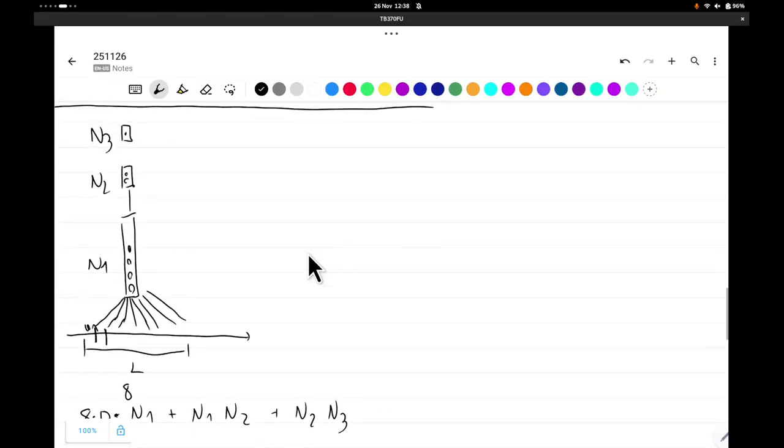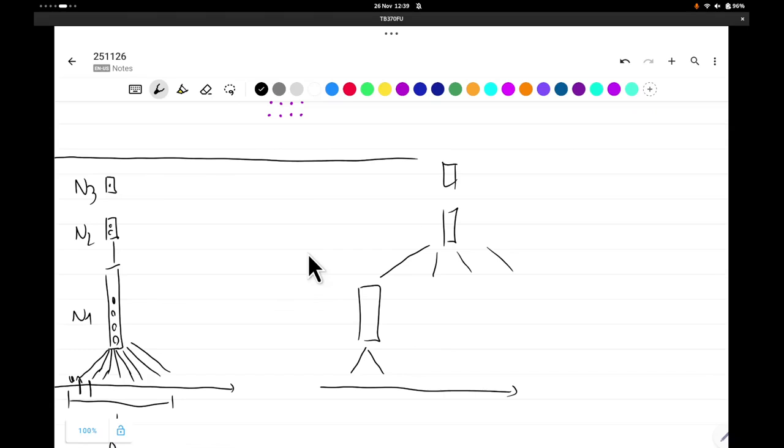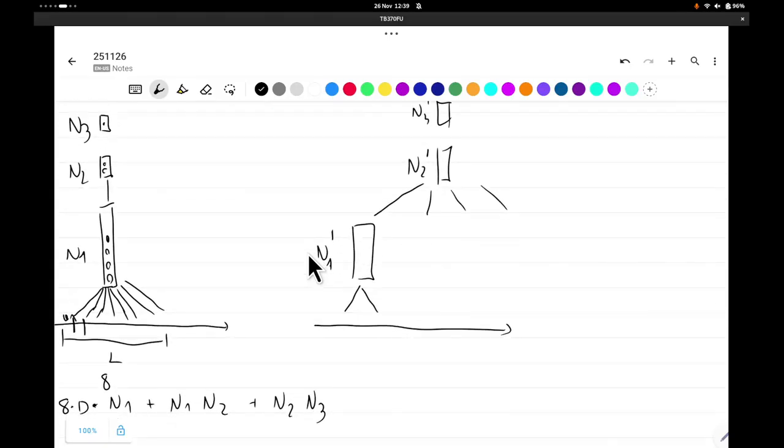Now let's say that we do the distribution, so that means that we have very similar N1, N2, and N3, possibly different.